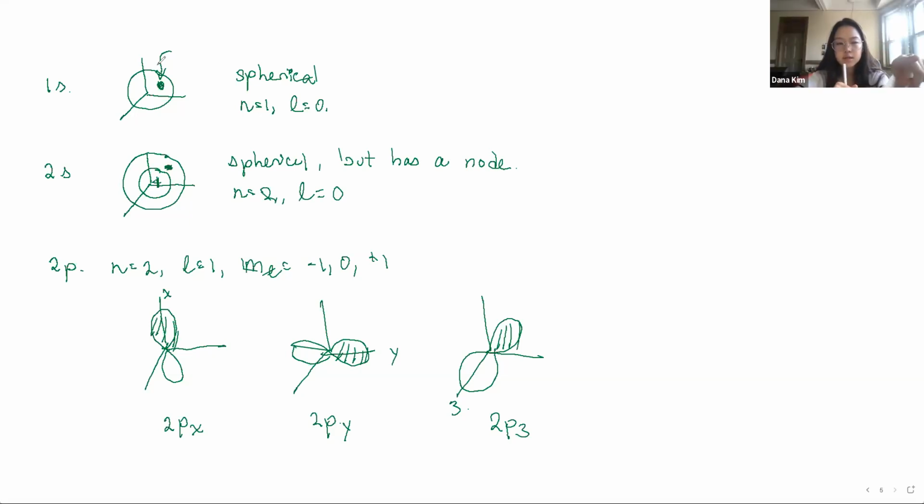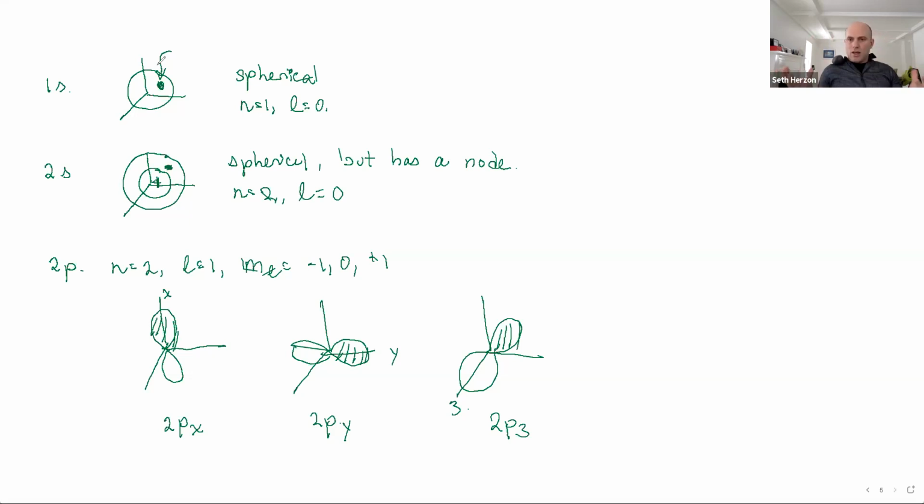So then, where there's a node, is the node just a single point where there's zero chance of there being an electron there? Yeah, in this case the node is a plane, a spherical plane, okay? Nodes can be points, they can be two-dimensional planes, they can also be spheres.